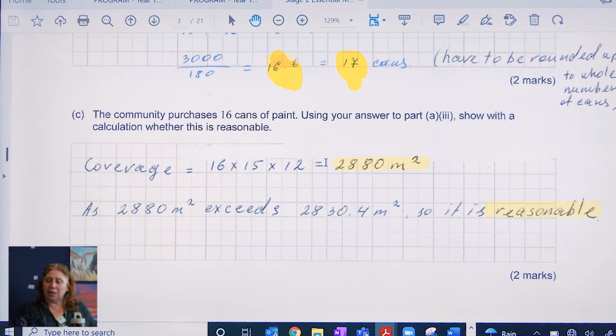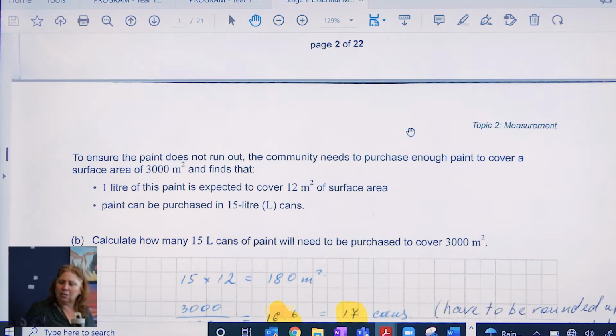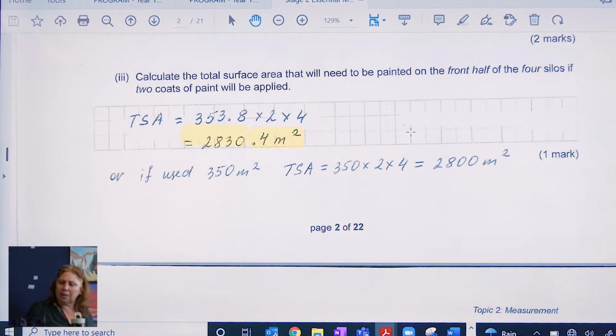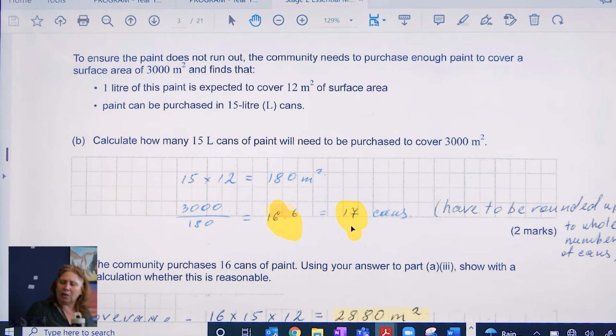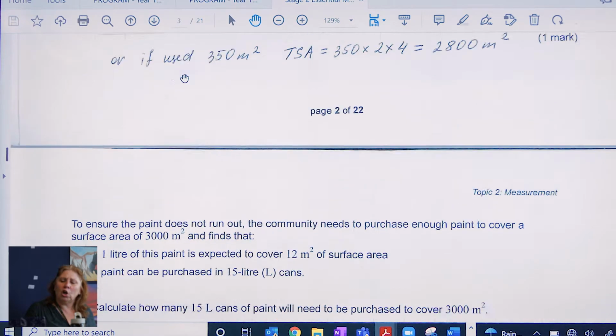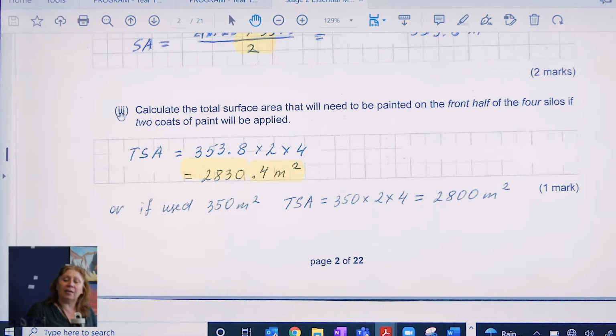What we found out in these questions, a lot of students were not using the previous answer. They were using the 17 cans they calculated here, using this 3,000 meters square, not the answer from part A3I. So again, reading the question correctly.